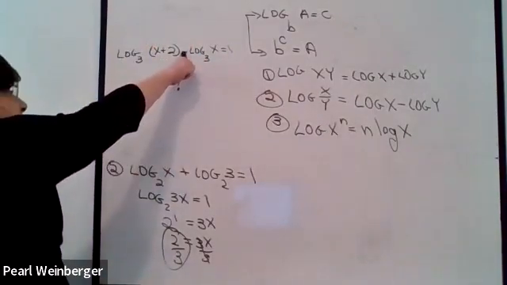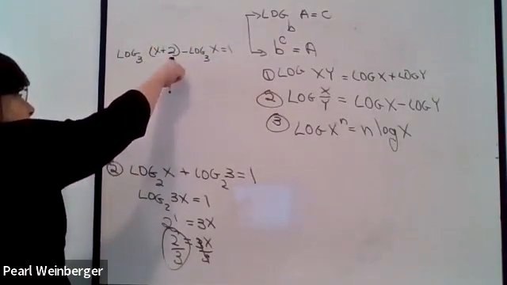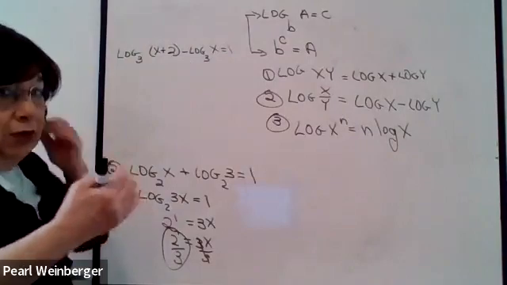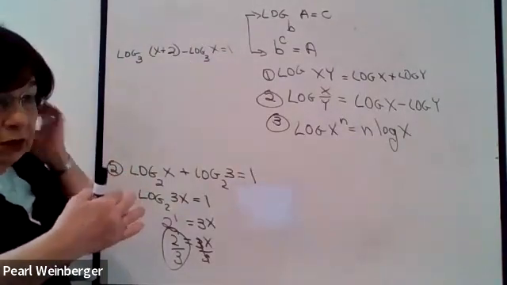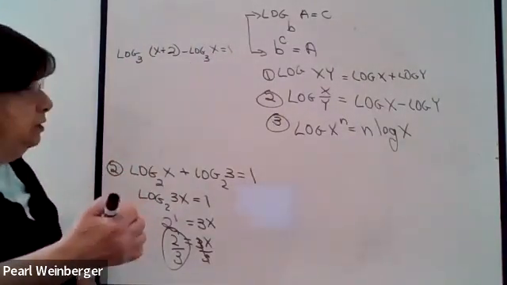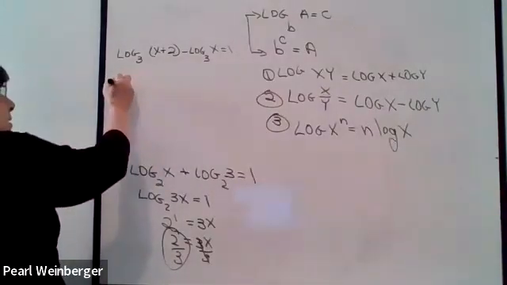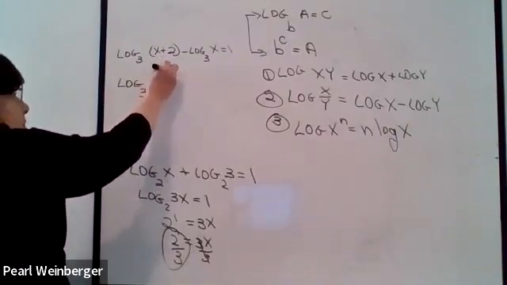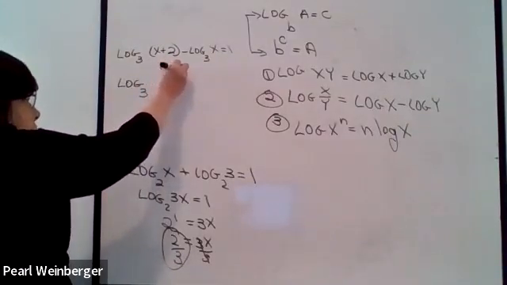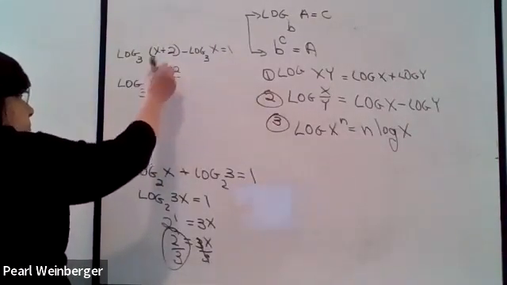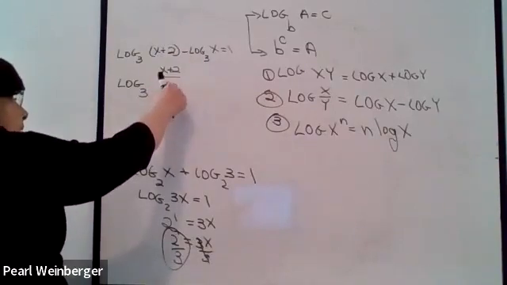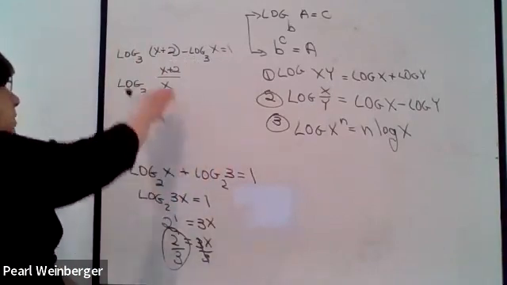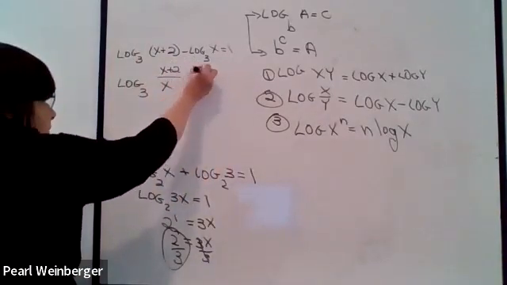And I see the sign in between the 2 logs is minus. I'm subtracting the logs. And I know when I subtract exponents, which logs are, that means I'm really dividing the numbers. So this in contracted form would be log base 3 of x plus 2 over x. Remember, the one with the negative goes on the bottom, the one with the positive sign in front, or no sign, which means it's positive, goes on top, and that equals 1.